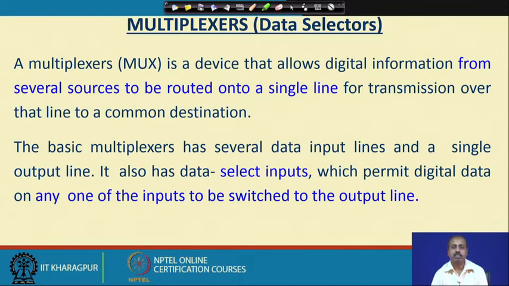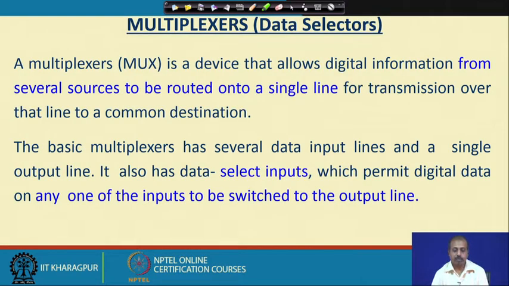Multiplexing is very common, for example, a telephone line carries signals from several people and multiplexes between the pairs of people that are talking. Sometimes it selects one data item, some other time it selects some other data item to be transmitted through the channel.